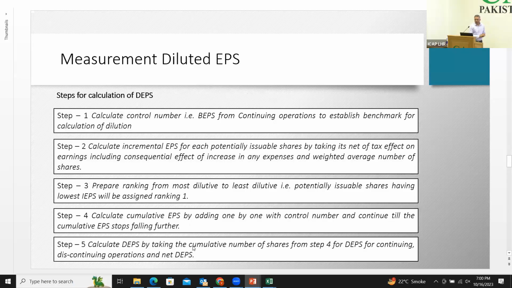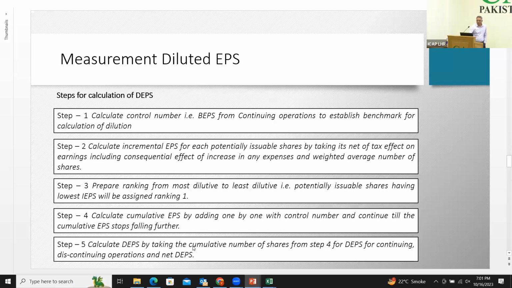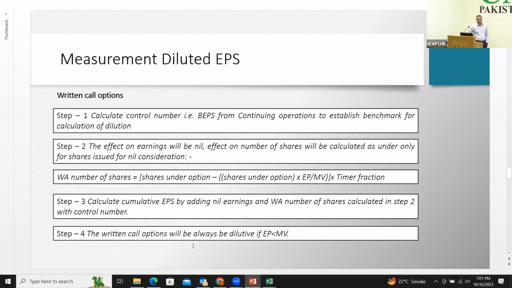These are the five steps which we apply in the calculation of dilutive earning per share, which I already explained. In case of a written call option, the important thing is there is no effect on earnings. The rest of the things are the same, but in case of written call options, we are also charging some price. So the dilutive effect is only for those shares which are issued for nil consideration.